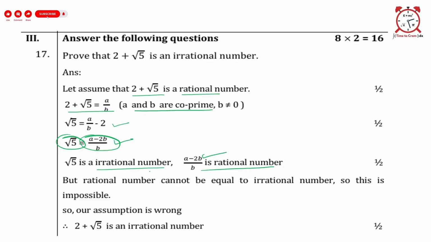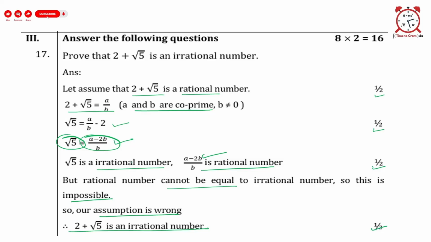So it is a contradiction, because a rational number and an irrational number cannot be equal, and so this is impossible. So our assumption is wrong, and 2 plus root 5 is an irrational number. In that way we can prove the given number is irrational. Here you can see how, in the marking scheme, marks are allotted for each and every step.